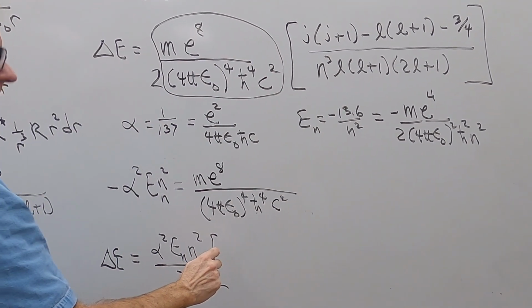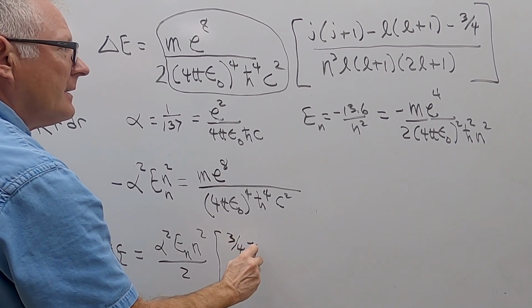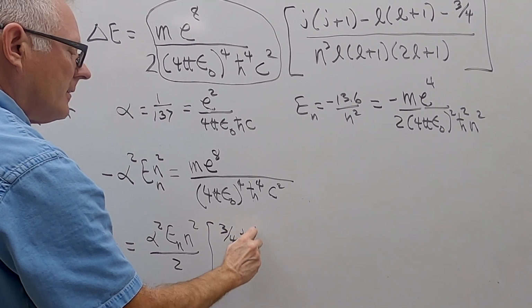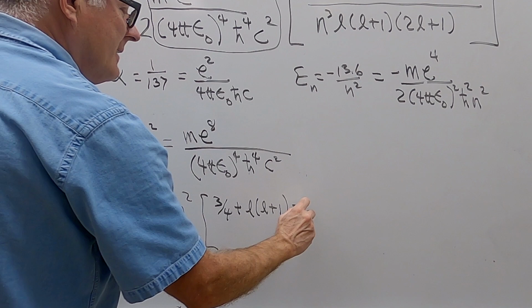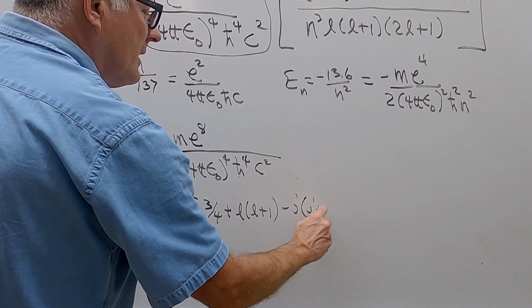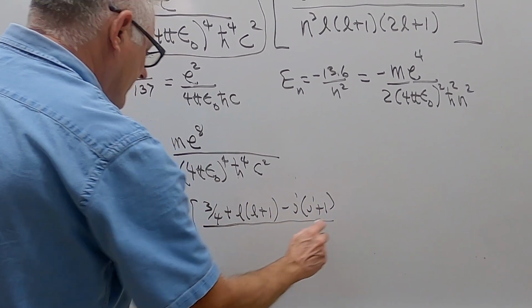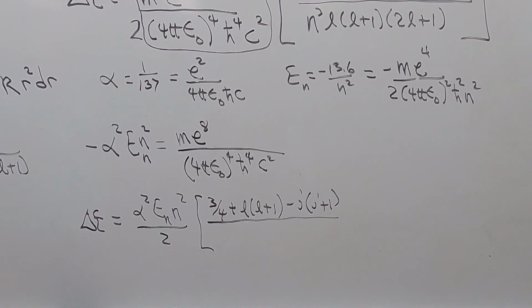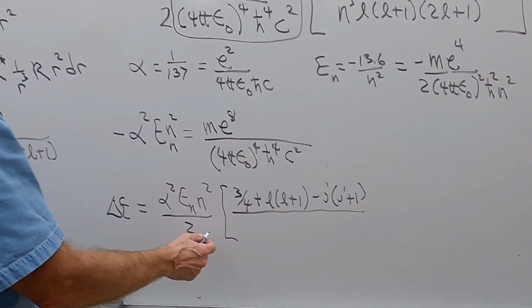So that becomes 3/4 minus or plus L times L plus 1 minus J times J plus 1 divided by n cubed. Well, I have an n squared up above, so it's really just 1 n down below right here.